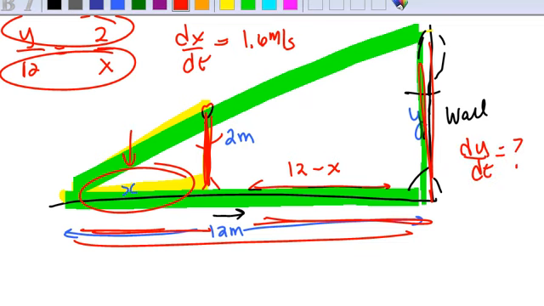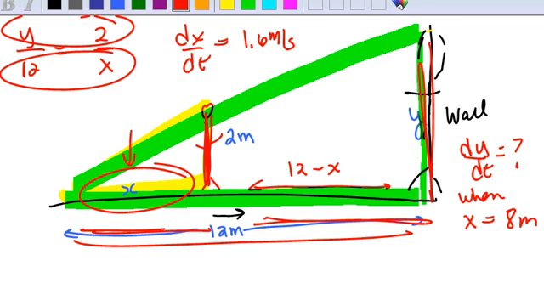My question is, how fast is dy by dt changing? That's my ultimate goal, and I want to find that out when the man is 4 meters from the building. If he's 4 meters from the building, that means x is 8 at that point.